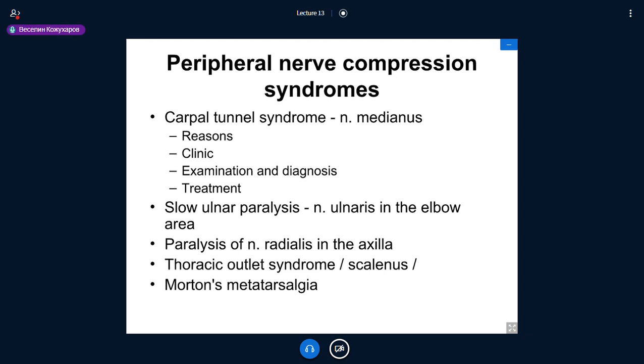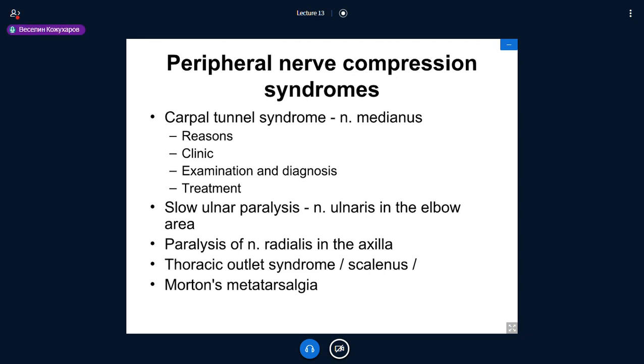Thoracic outlet syndrome is actually a presentation of compression at the site of the scalenus space, between musculus scalenus anterior and musculus scalenus medius.